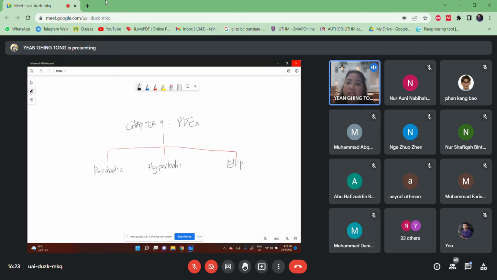Maybe you've learned it, but only vaguely remember. The example of parabolic is the heat equation. The example of hyperbolic is the wave equation. And for elliptic, we basically have two equations: one is Laplace, and another one is Poisson equation.